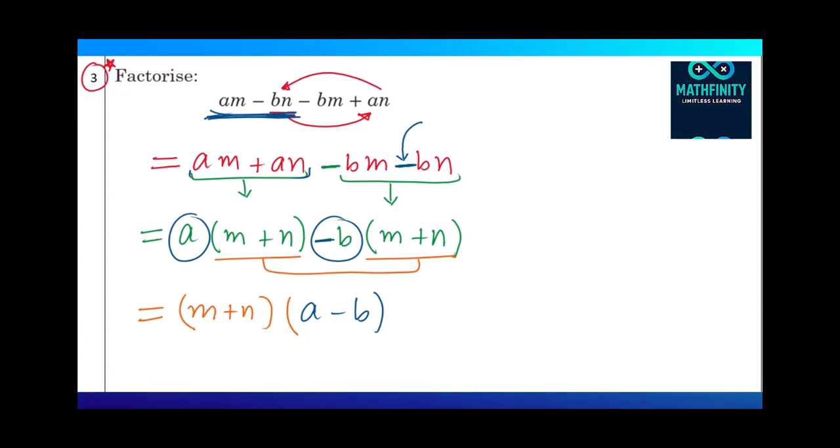After rearranging, we observed that now a is common in these two terms, and in these two terms, negative b is common. So we took it out and we solved the problem. Do practice of these types of questions. And if you have any doubt or confusion, you can discuss with me.